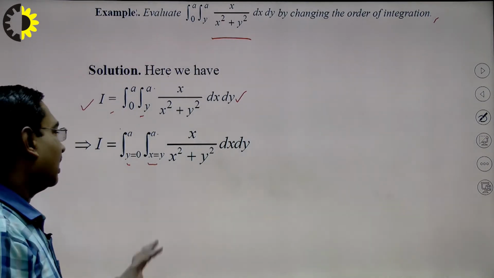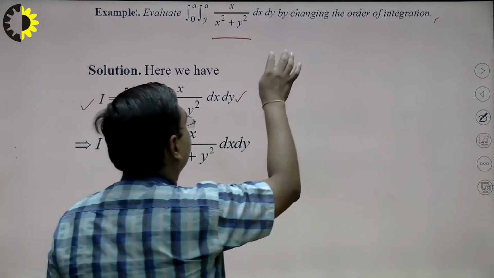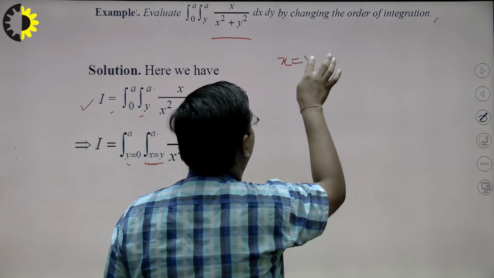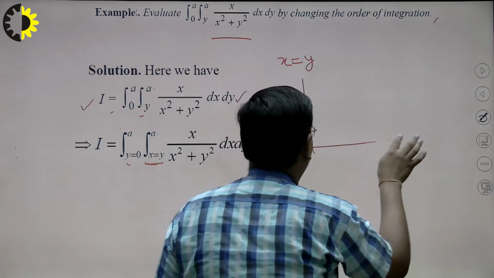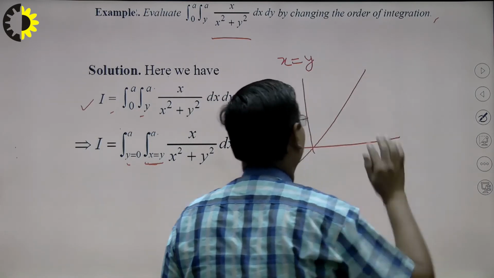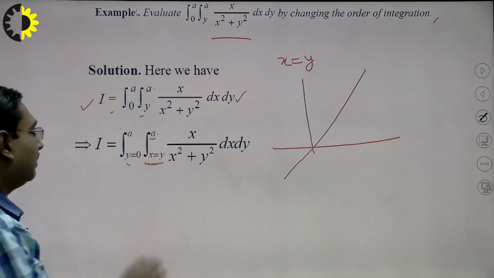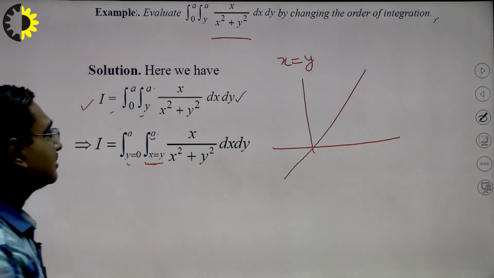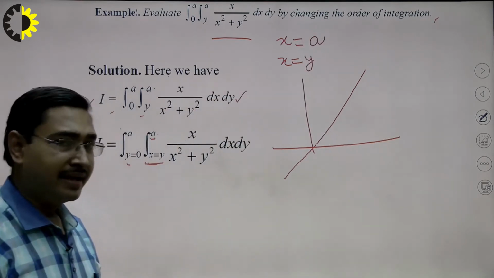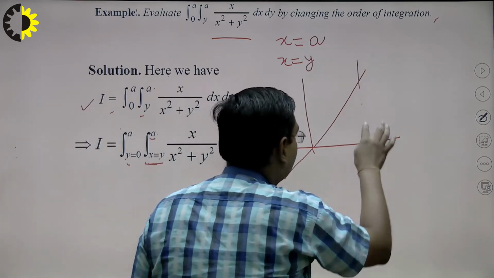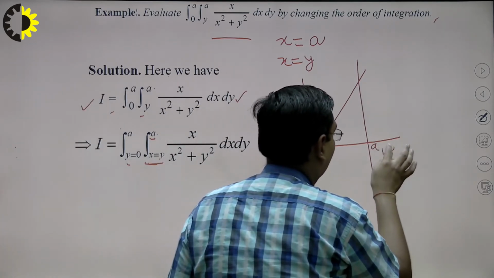First of all, the lower limit occurring inside is x equals y, a line passing through the origin whose slope is 1. The upper limit is x equals a, a line parallel to the y axis passing through (a, 0).